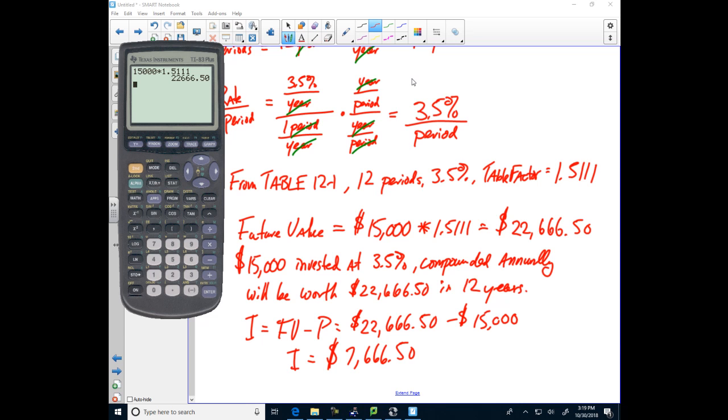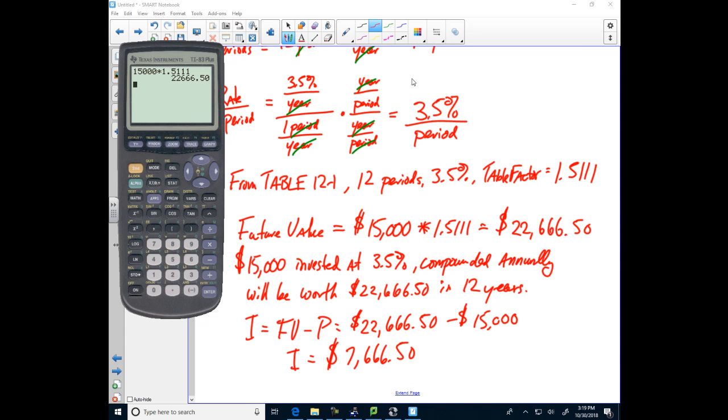Now here's what I do. I would look at this and say, well, wait a minute, 3.5%, that's between 3 and 4. If it was 4, divide that into 72, 18 years, it would double. If it's 3 into 72 is 24. So you'd expect this to double within 21 years or something.